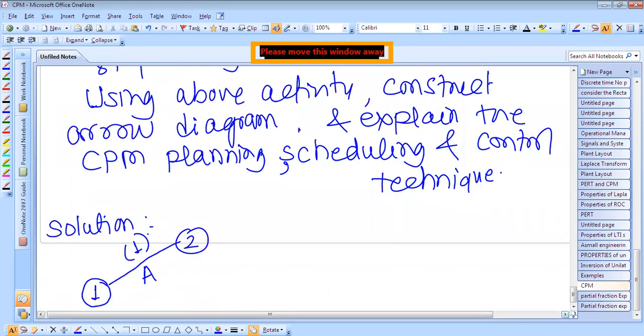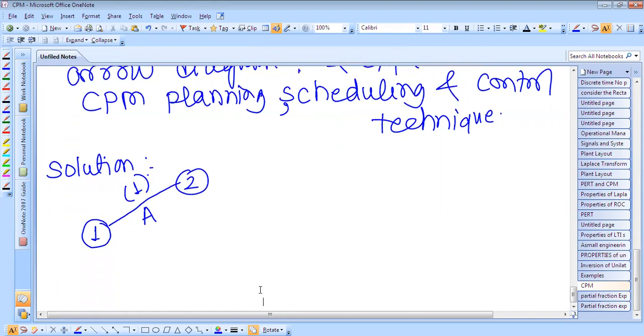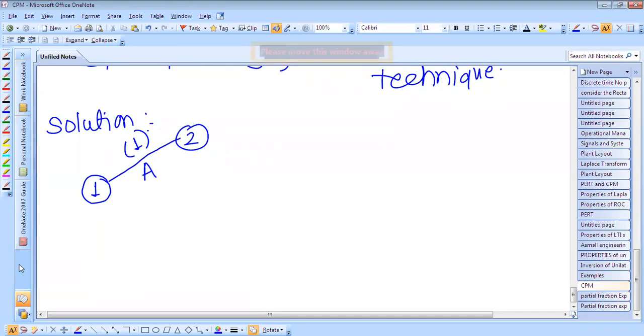Very first step, we have to draw the arrow diagram depending upon the activities. The first activity is to order for the material. This is the first activity because there is no material for the fabrication of the tank, and whatever material is required, we have to order it from the market.